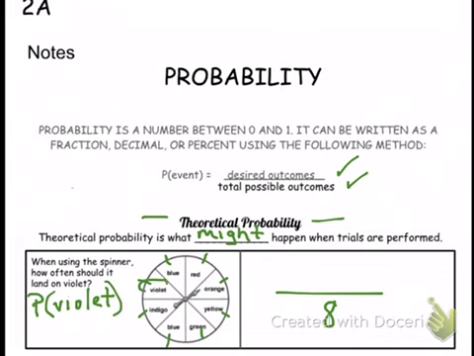So how many violets are there? Well, there's 1. So my probability of having a spinner land on violet, theoretically, would be 1 out of 8, which is 0.125, or if you remember how to change that into a percent, 12.5%. Okay? Could happen.